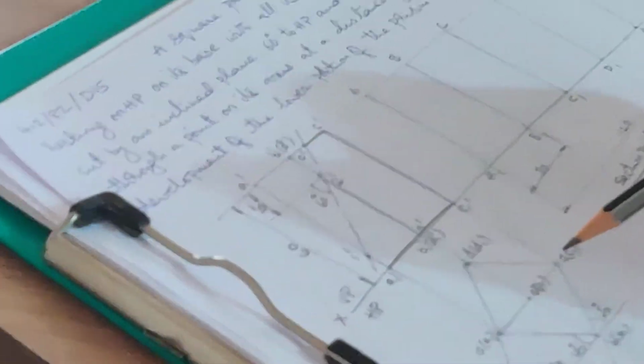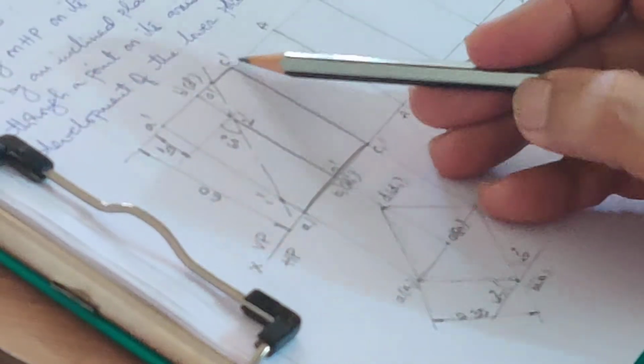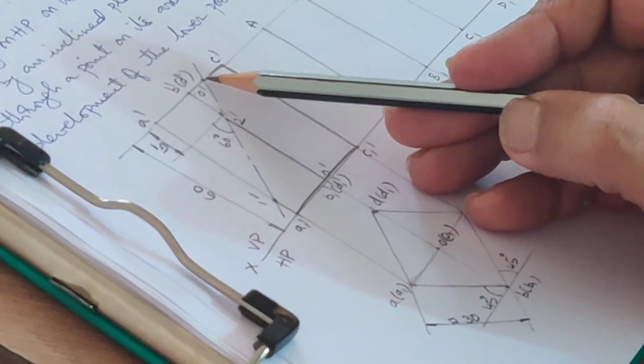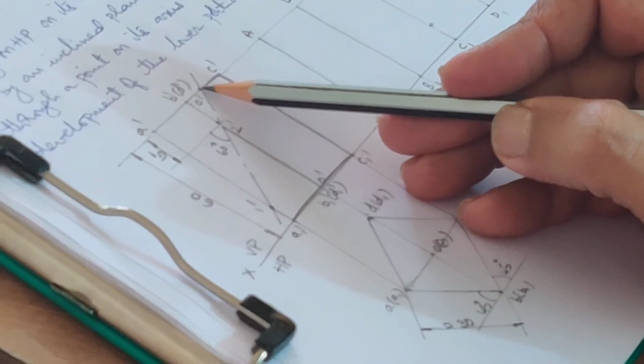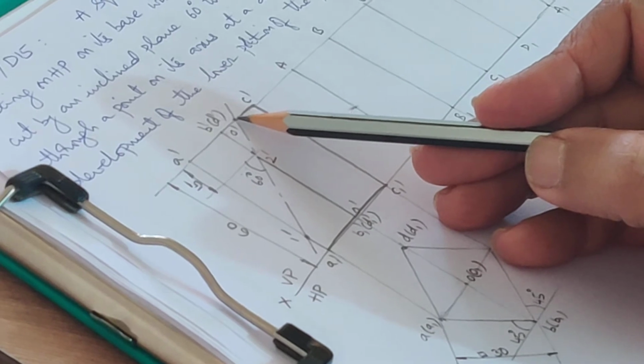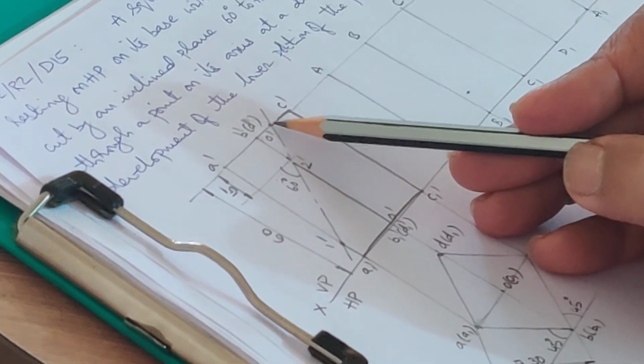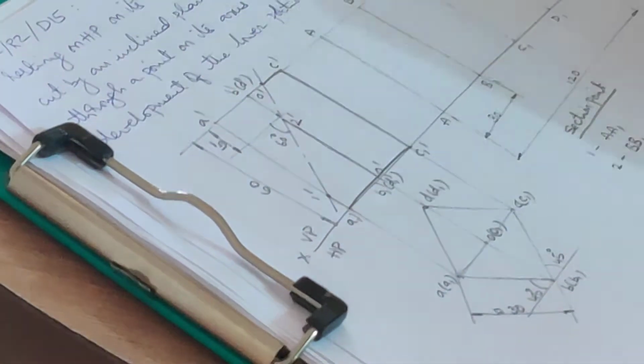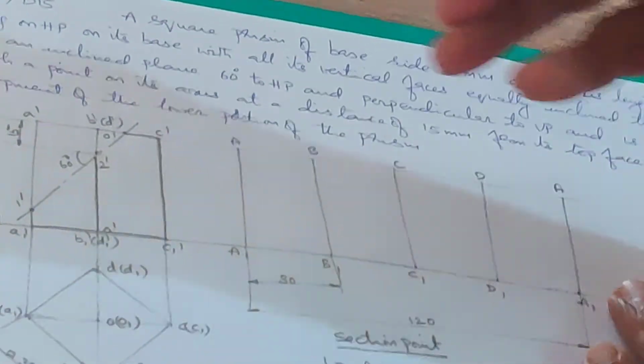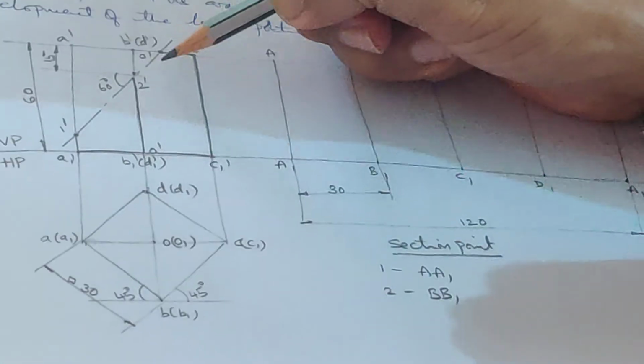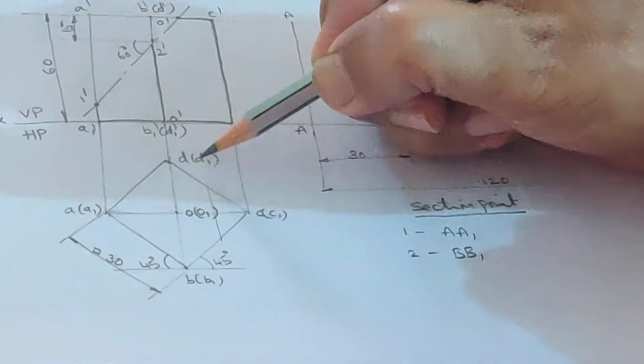And all the 4 base edges put together appear to be a line in the front view. So if you look at this location, you are not able to decide which base edge it is cutting. In that case, what you do is, from this point you just project down.